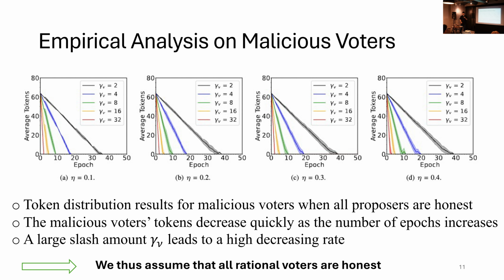As you can see, here is the malicious voter. Assuming from here is the 10%, and the end is the 40%, we can see that with 10%, it's quite narrow, and only after 30 epochs can we figure out the malicious clients.